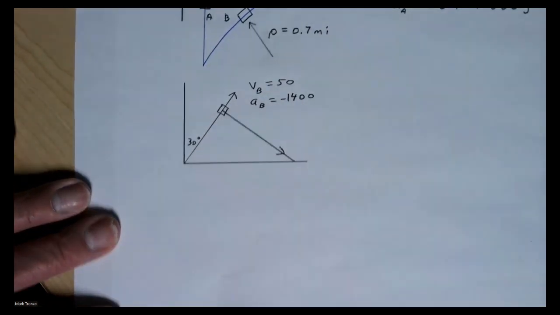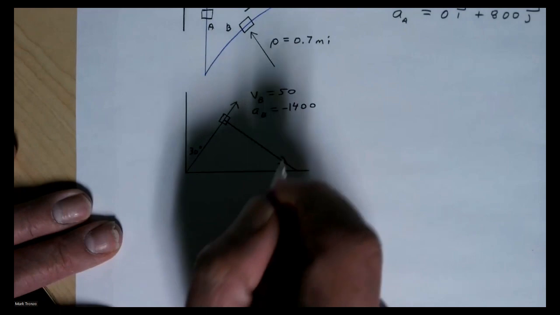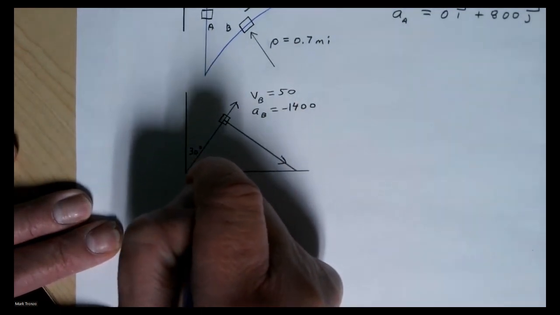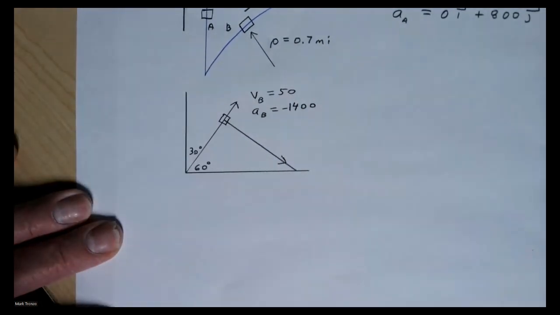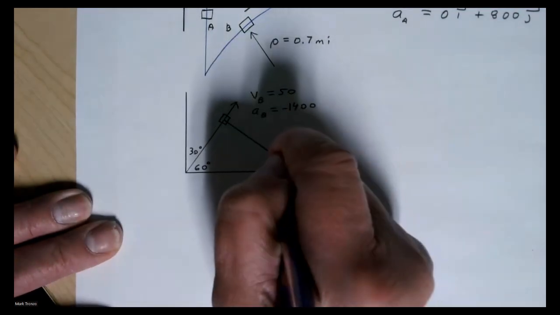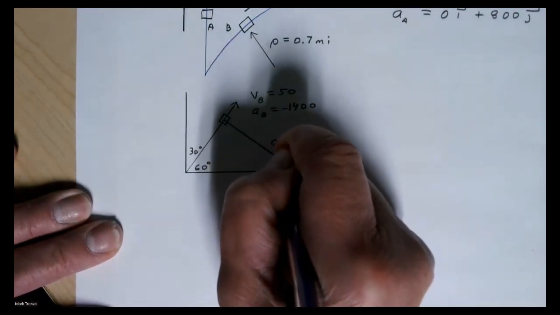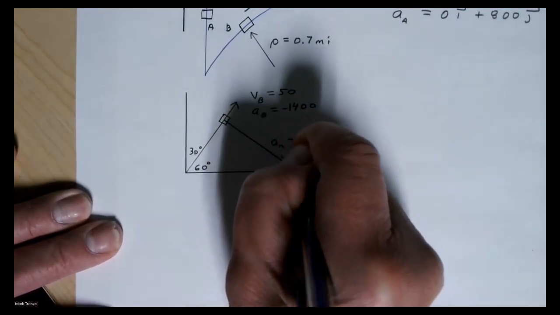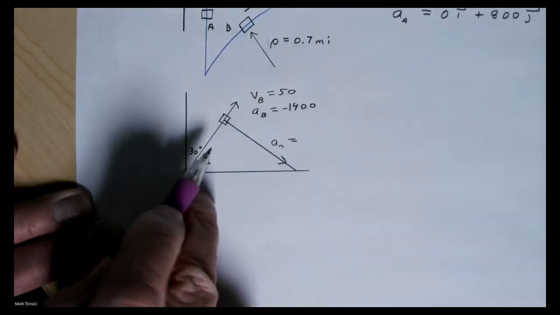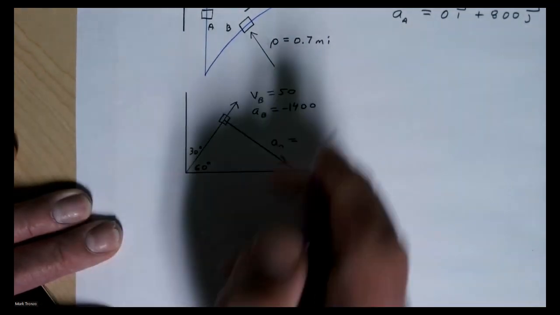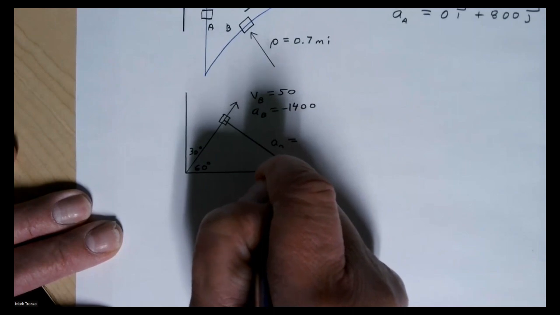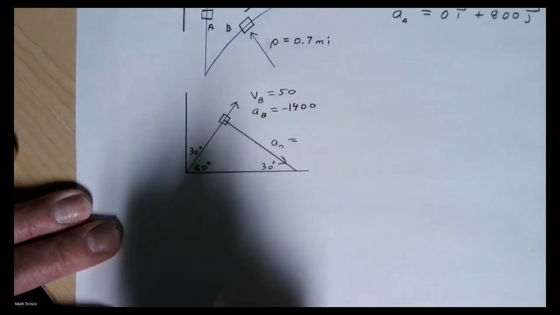If you look at the original problem, that's 30 degrees. And that means this is going to be 60 degrees. This normal coming down, like I said, there's going to be a normal acceleration here. And so this is going to be a right angle, so this is also going to be 30 degrees.